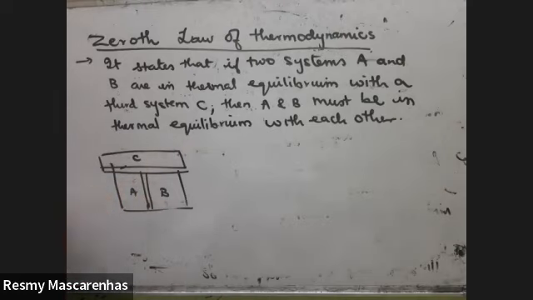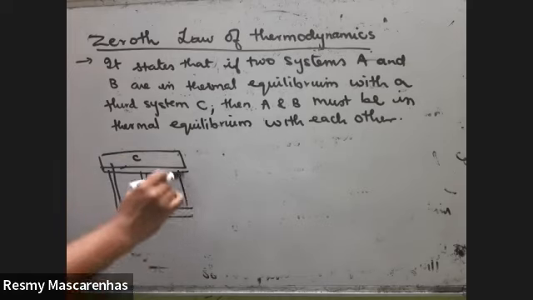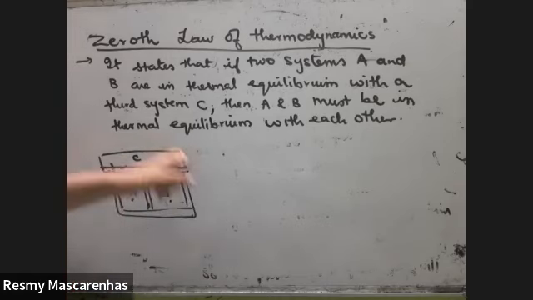Now what is going to happen? B is having a different temperature, suppose, and C is having a different temperature. As long as there is adiabatic wall, means insulating wall, even though it's not there like this, it's assumed to be insulated from all the sides.